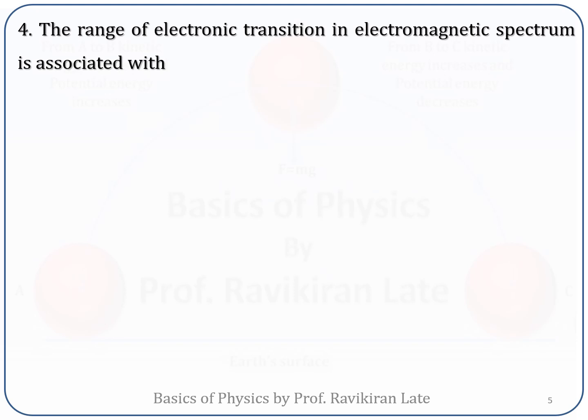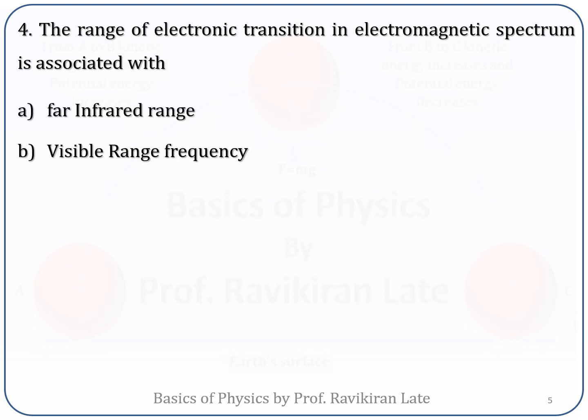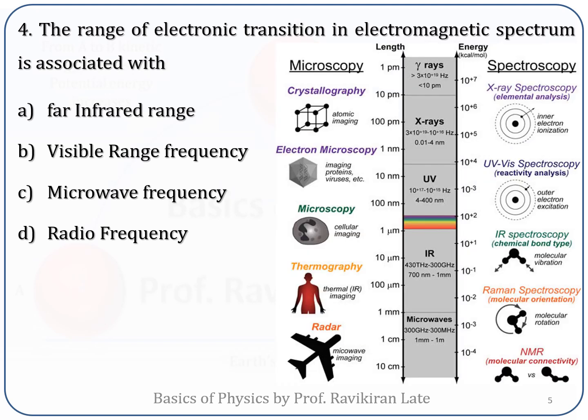The range of electronic transition in the electromagnetic spectrum is associated with option A, far infrared range, option B, visible range frequency, option C, microwave frequency, option D, radio frequency. Now, the question is about electronic transitions in the electromagnetic spectrum.